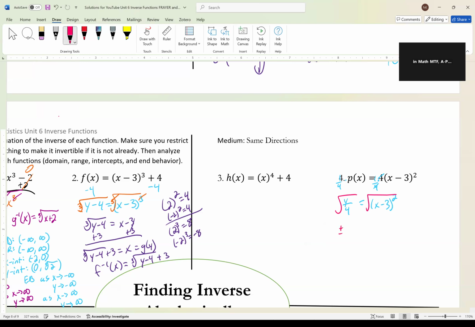And so this is technically where it's the positive negative square root of y divided by 4, except we want a function, so we restrict the domain of the original, right? The original function would have looked something like this in concave up, but we're going to restrict that domain to 3 to infinity. So we would only have the positive square root.